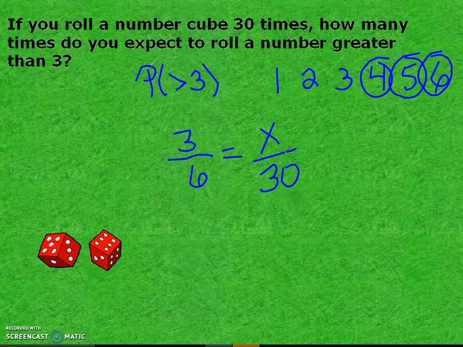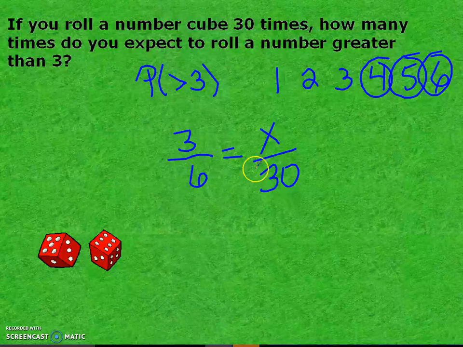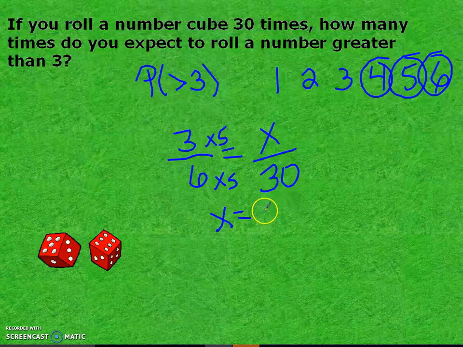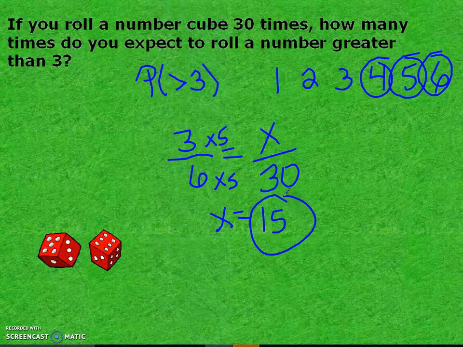You can either simplify 3/6 first before you solve it, or either way. You could do the cross product rule, 3 times 30, get an answer and divide by 6, or you can do equivalent fractions. 6 times 5 is 30, so 3 times 5 is 15. We are expecting 15 times out of 30 for it to be a number greater than 3.